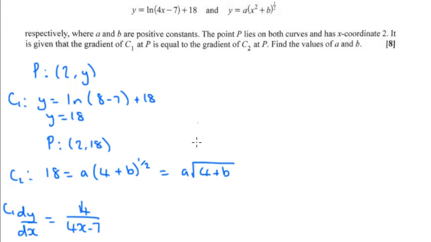Differentiate 18, we get 0. So if we sub 2 in at P, dy by dx is going to equal 4 over 4 times 2 take away 7, which is 1. So the gradient at P, we know, is 4. And it's going to be 4 on this function here as well.